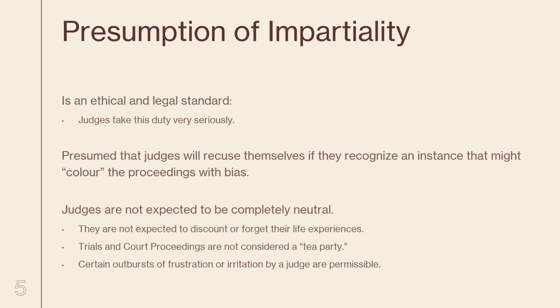The ethical standard is reflected in a document published by the Canadian Judicial Council called the Ethical Principles for Judges, which judges are expected to familiarize themselves with and espouse the values written within such a document. The legal standard is reflected in the common law. For example, decisions from the Supreme Court of Canada and the Court of Appeal affirm that the presumption of impartiality exists to maintain public trust in the legal system.